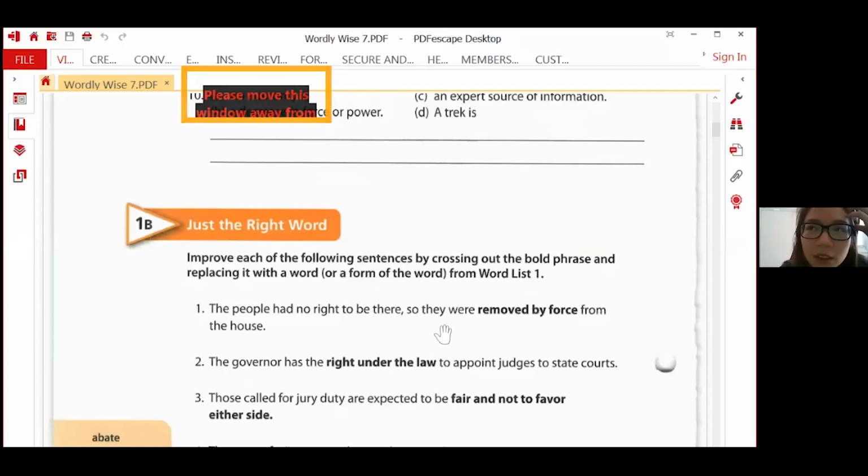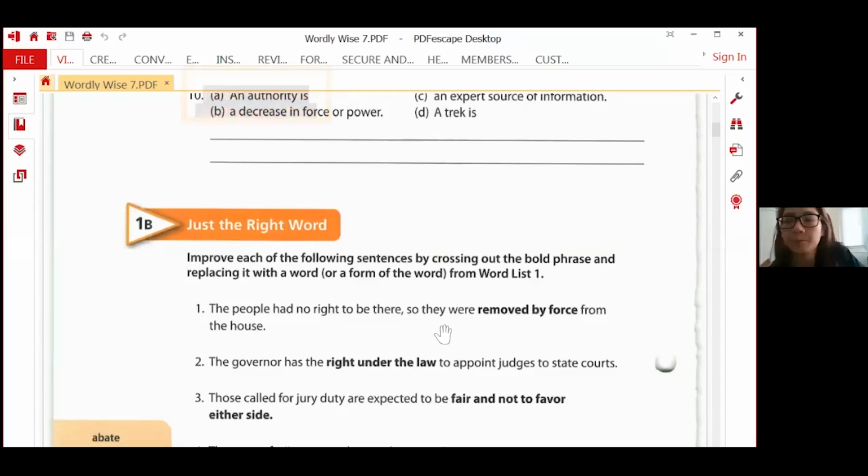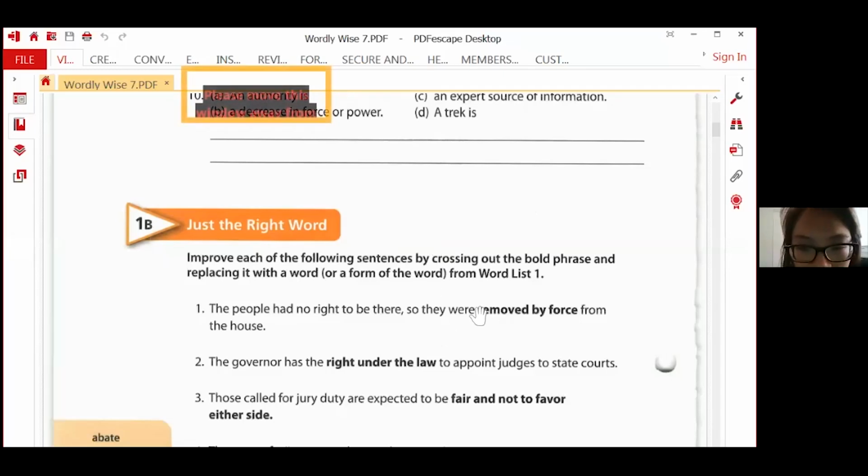But when you learn a lot of different new vocabulary, it improves your expressions. That is why even something as simple as "remove by force", if you learn to write something more expressive, it helps a lot with your writing.